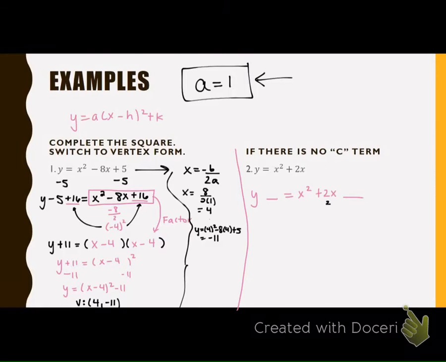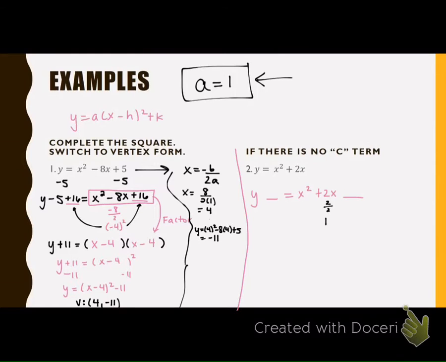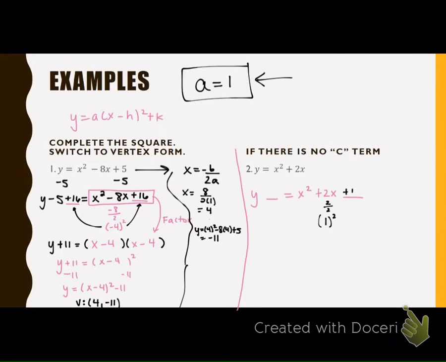That's why 2 divided by 2 is 1. We multiply to get the n term. So if we have a 1 plus 1 here, 1 times 1 is, that's why we square it. And we put it in both blanks.